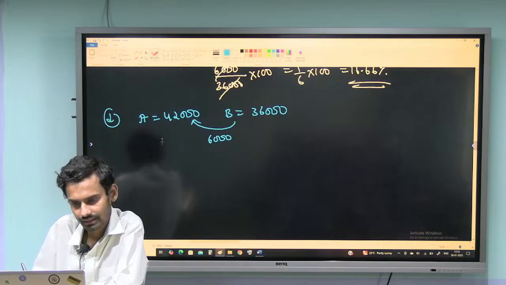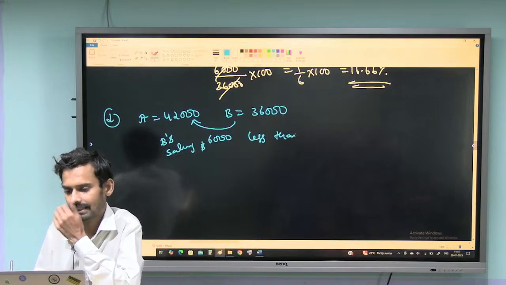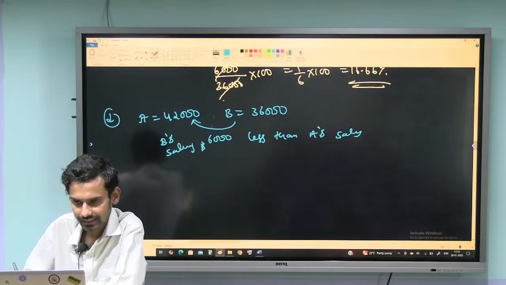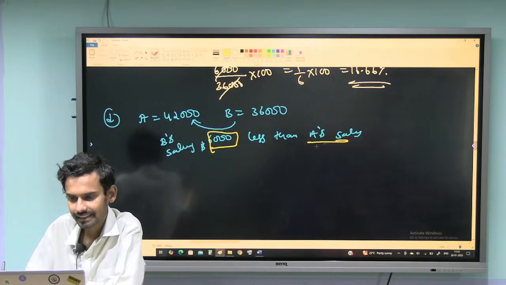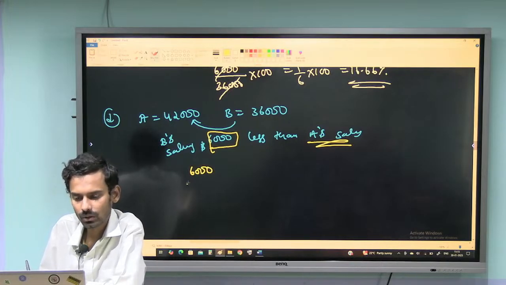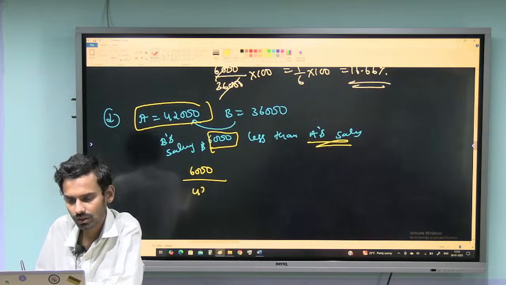So B's salary is 6,000 less than A's salary. Now I am comparing this 6,000 with respect to A's salary. So in the numerator I need to take 6,000 and in the denominator I need to take A's salary now. A's salary is 42,000 rupees.